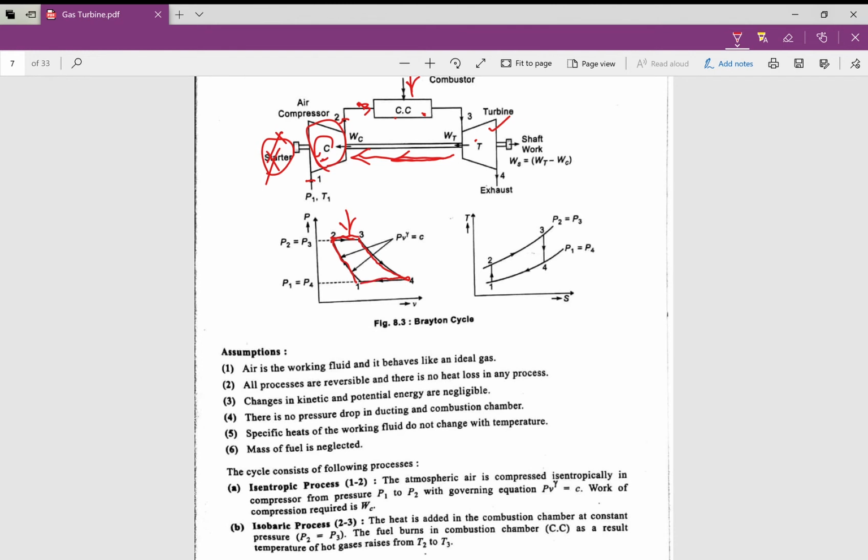On the TS diagram, it is 1 to 2 isentropic compression, 2 to 3 heat addition at constant pressure, 4 to 1 heat rejection at constant pressure, and 3 to 4 isentropic expansion.